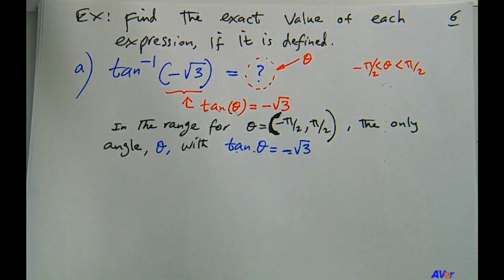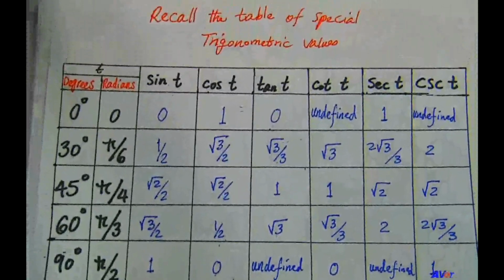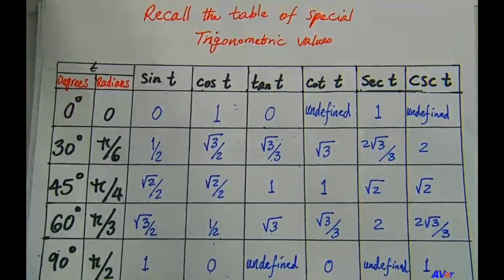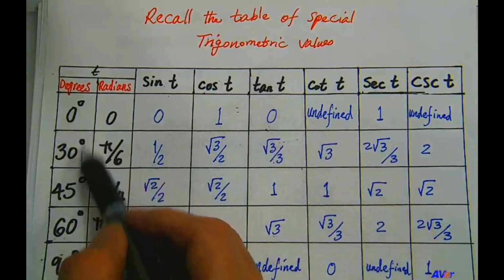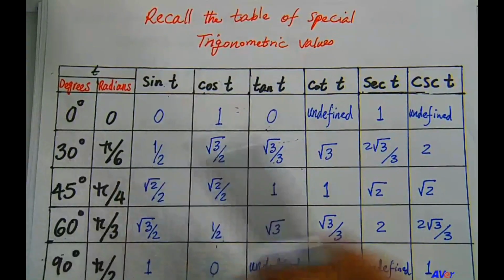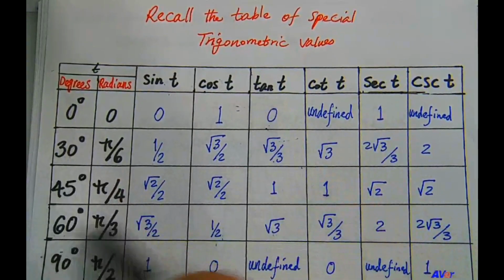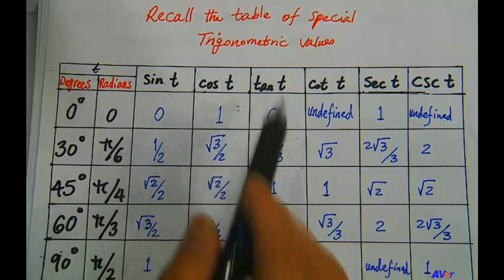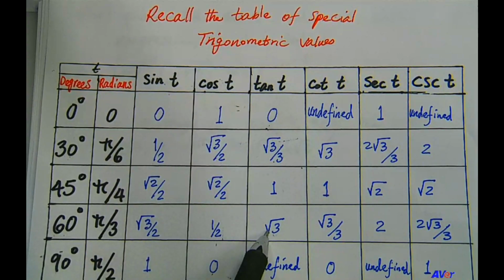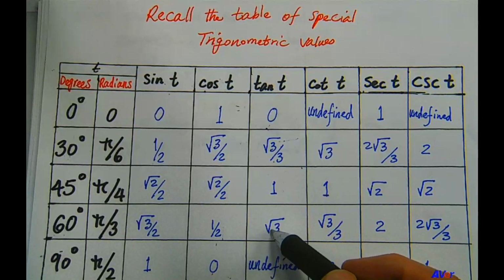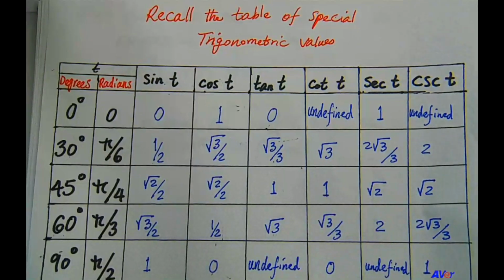So you probably memorized these already, but let's bring back the table of special trigonometric values. The tangent values which are here, these are the reference angles, right? So the tangent of 60 degrees is square root of 3. How can you calculate this? Very easily.